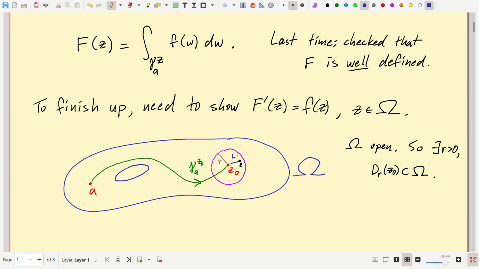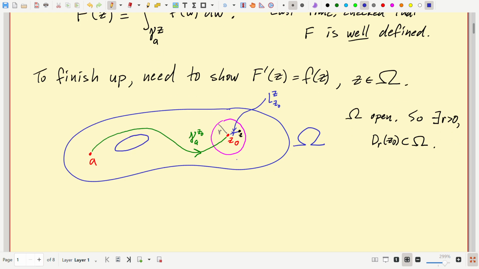That blue line there is L, the line that starts at z naught and goes to z. And of course there'd be an arrow on it going like that.